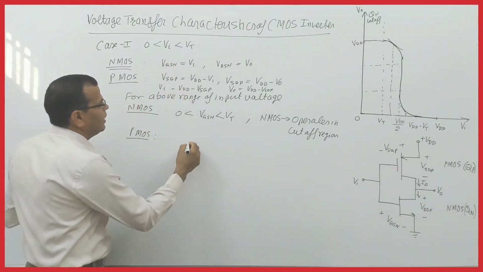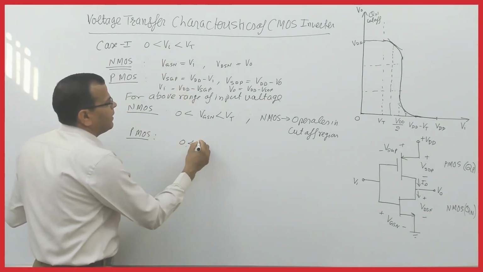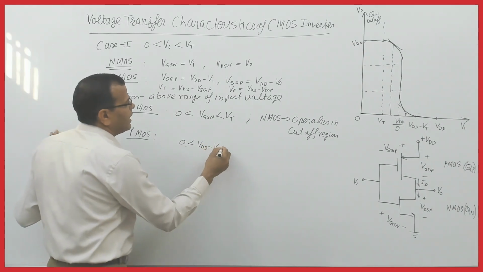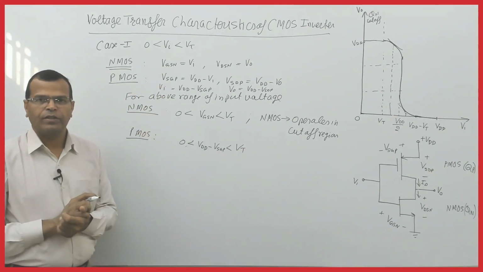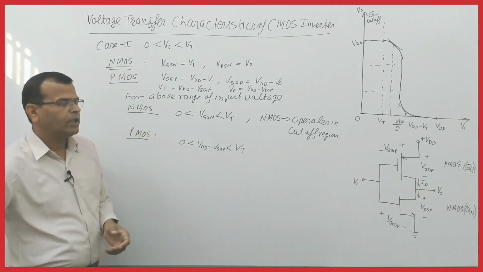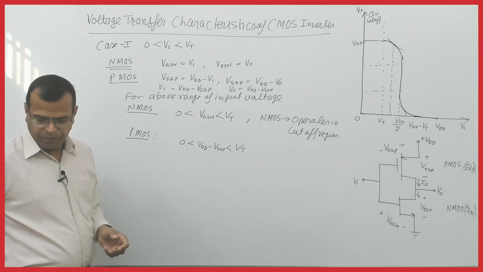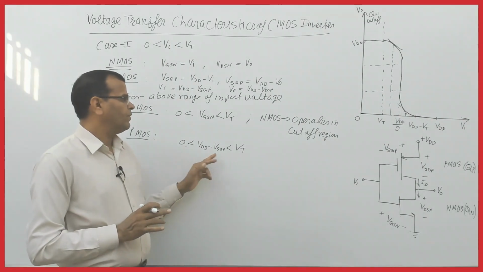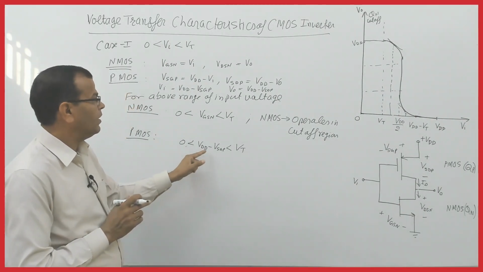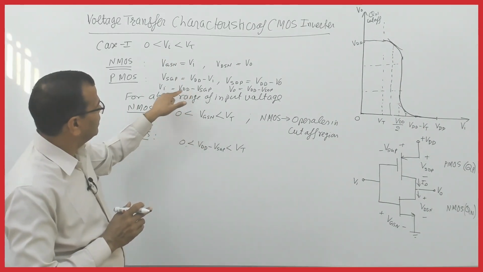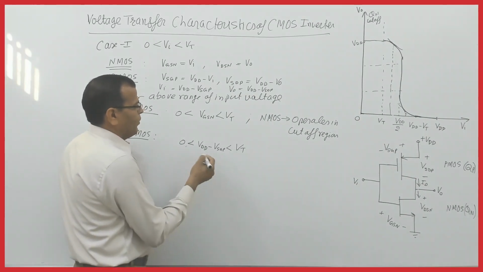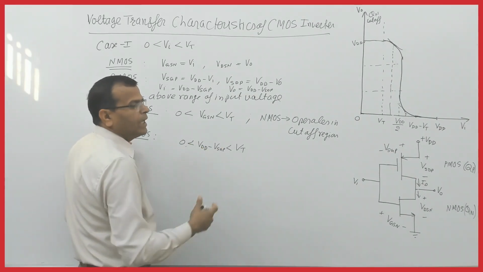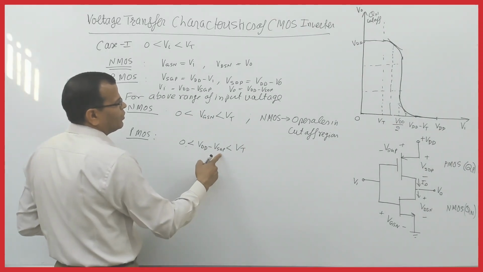So that means VDD minus VSGP is less than the threshold voltage. So that's what you have. Now, if you have this range of the input voltage, that is nothing but Vi is this, so I put this here, so you will get the range of the gate to source voltage.